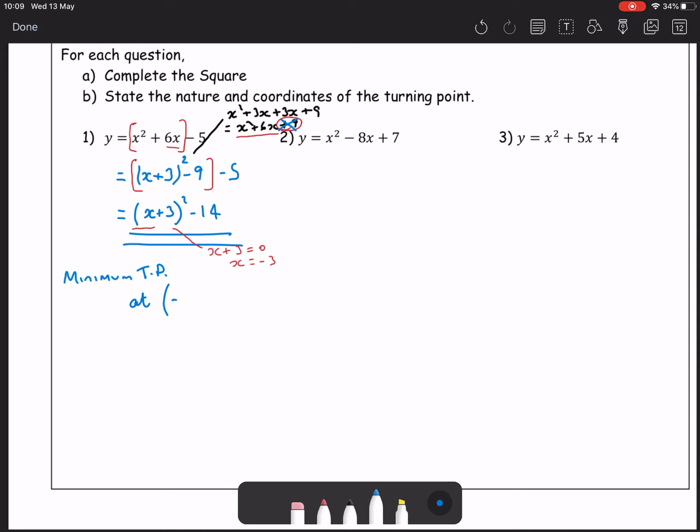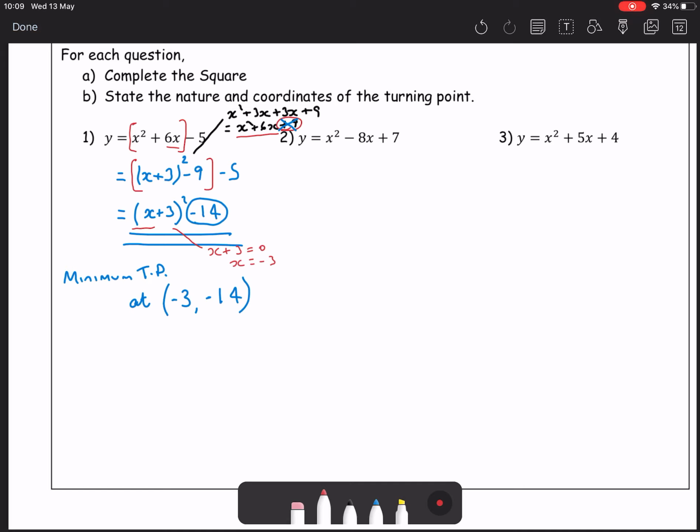The minus 3 gives us the x coordinate, and we simply take our minus 14 for our y. So in our completed square form, we're quickly able to get our turning point.